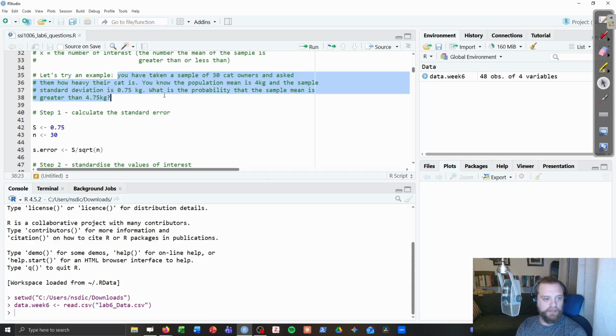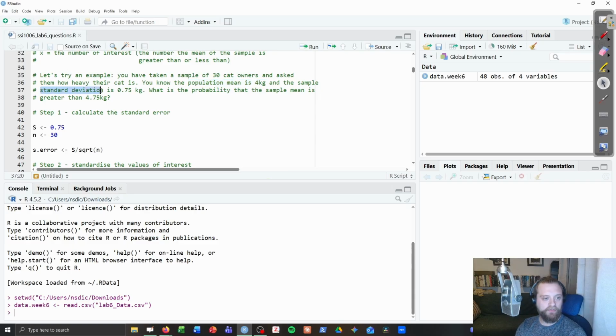Now, in this example, though, we're going to plug the following numbers in. So we're going to imagine that we have a sample of 30 cat owners, and we've asked them how heavy their cat is. In this example, we're going to imagine that we know the population mean, so some broader group of cats, is 4 kilograms.